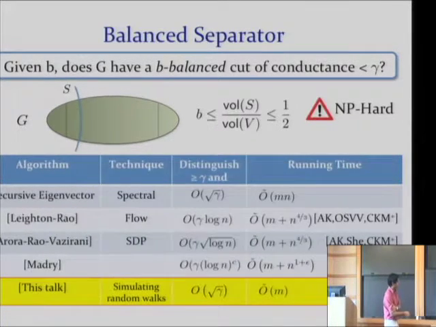Let's quickly compare it to the previous pure approximation algorithms. As I mentioned, all of these algorithms cannot match the running time because you want either flows or graph decompositions, which we don't know how to achieve fast. But if you look at the approximation guarantee, as long as gamma is polylog, these are sort of comparable.